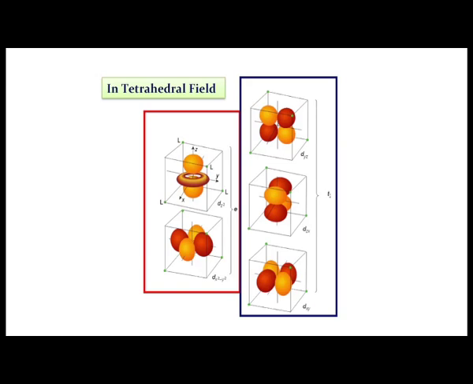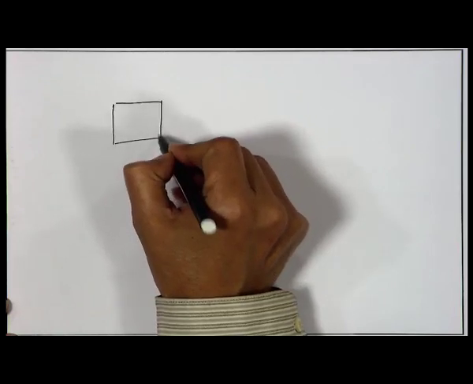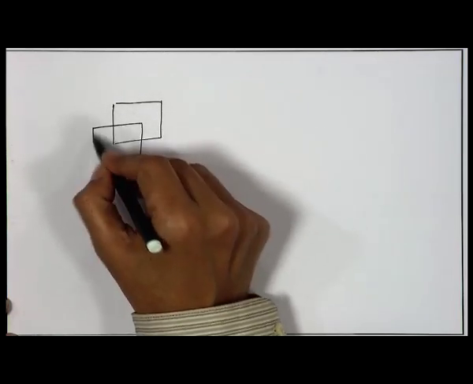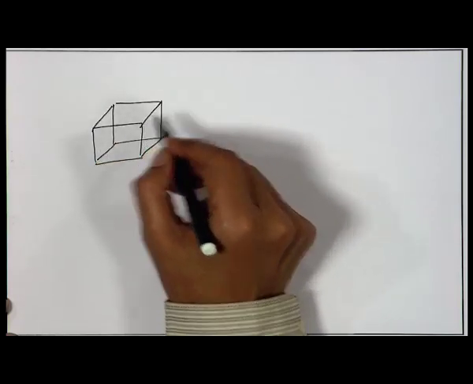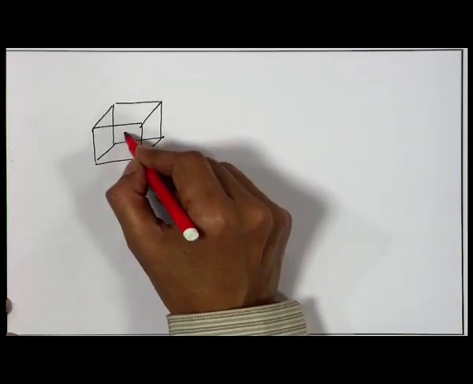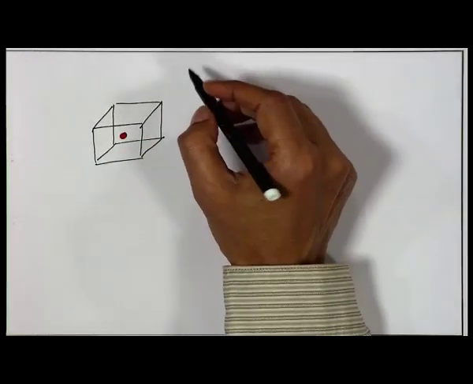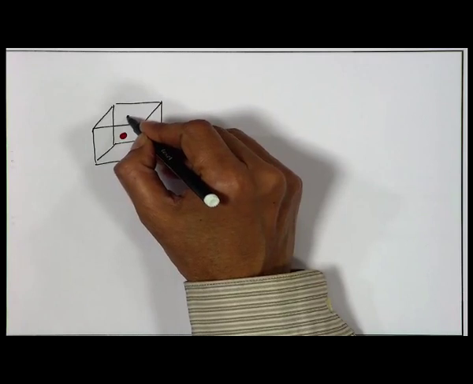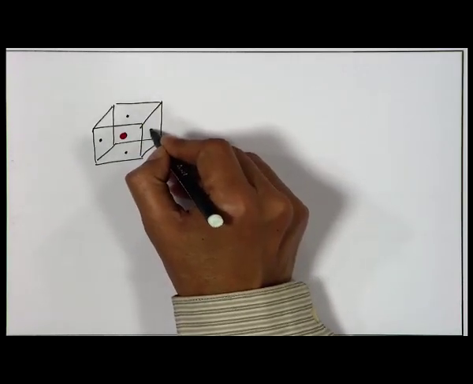For an octahedral crystal field, we have to place 6 ligands around the metal center. So, if at the center the red dot is the metal ion, we can have the ligands on the 6 faces of the cube.